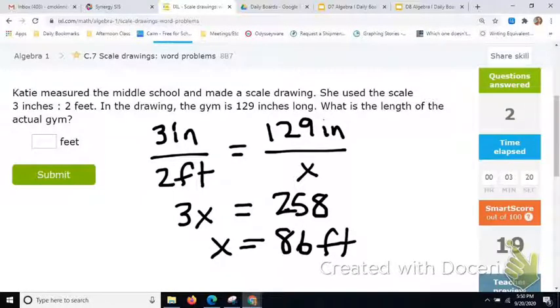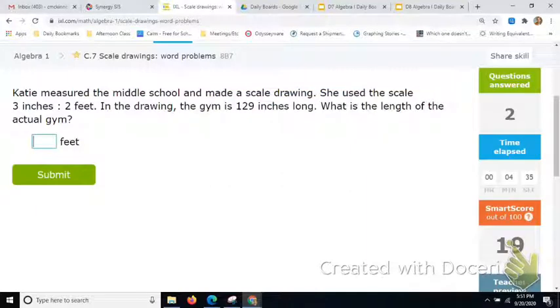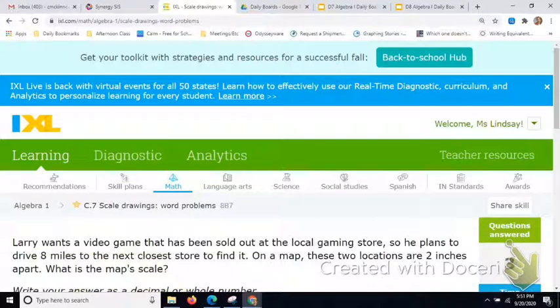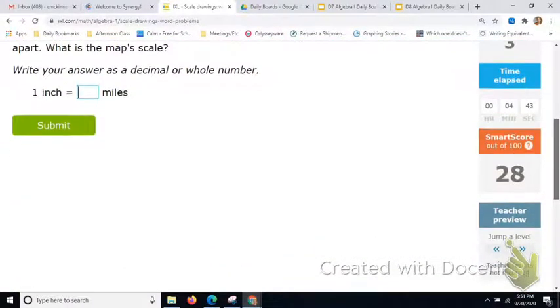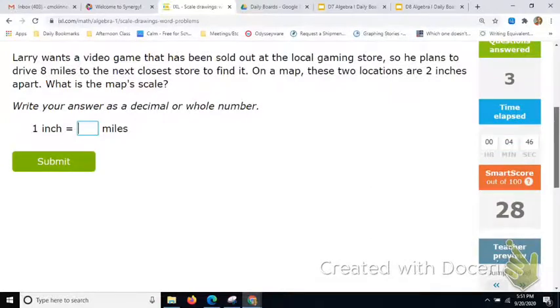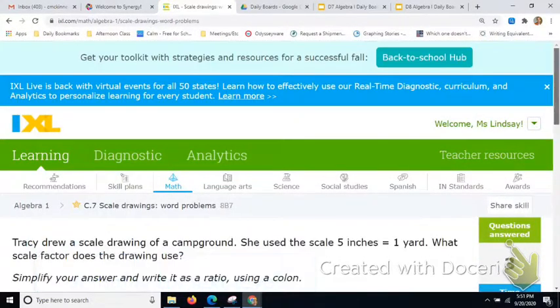So the gem is 86 feet long. So every time we can use proportions here so far.